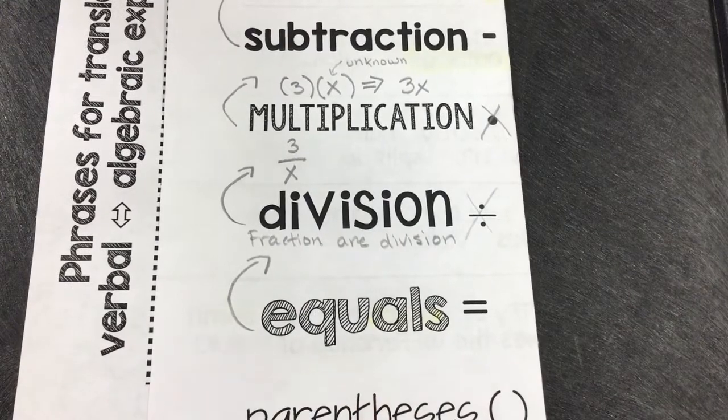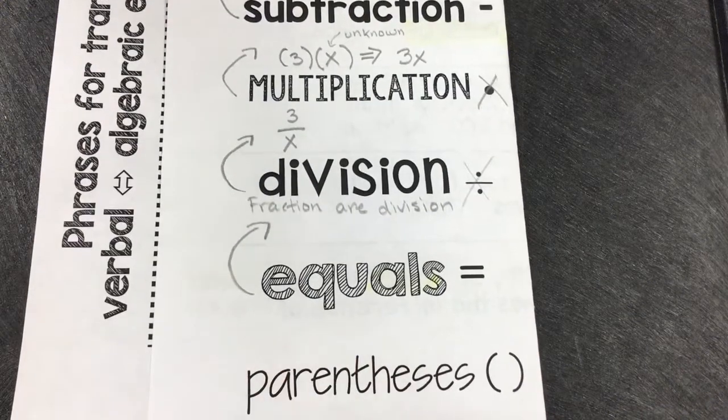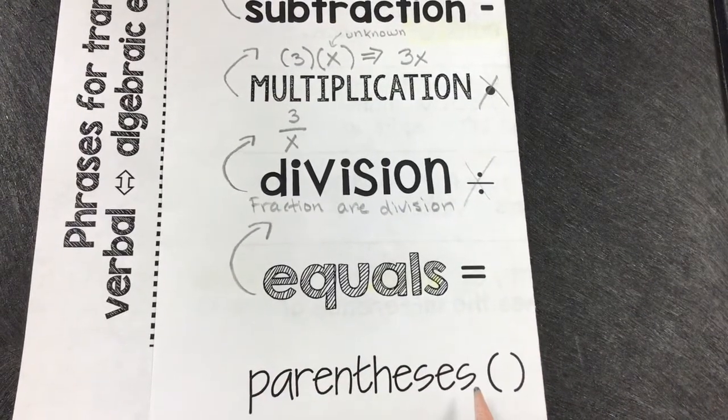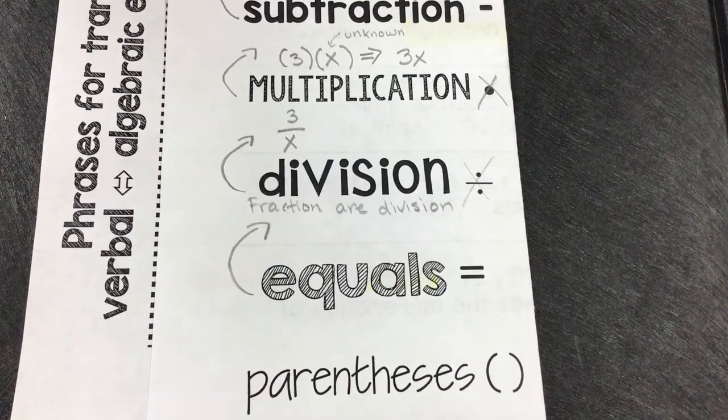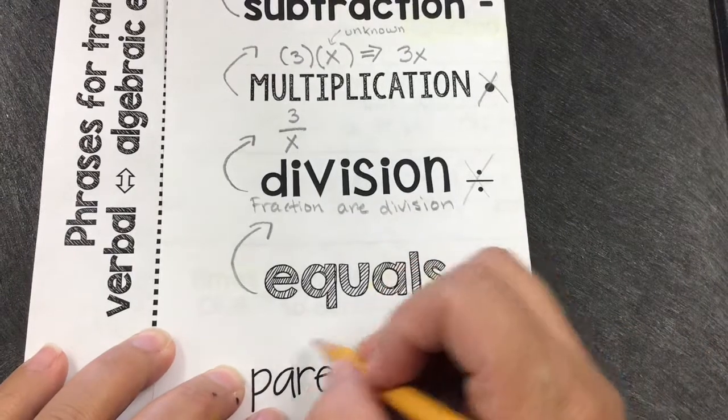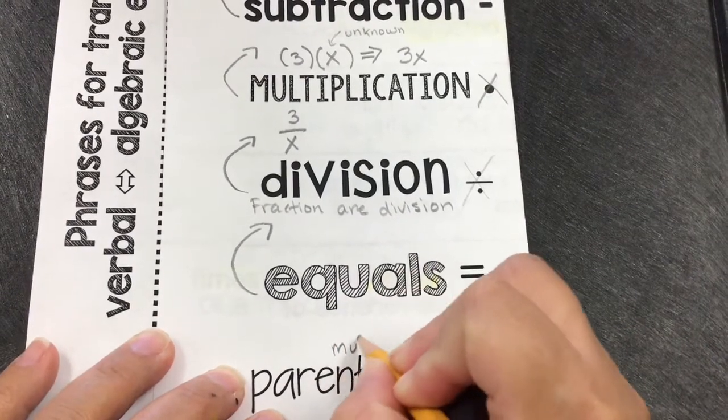Okay, the other thing that we talked about was equals, all the vocabulary for equals. And then parentheses. Parentheses means that you want to do something first and then multiply. So you can't forget that this also means multiply.